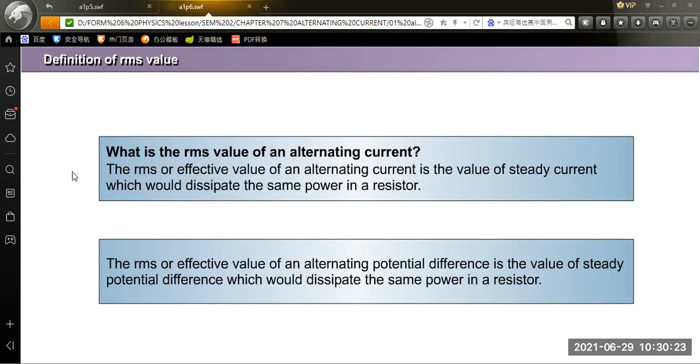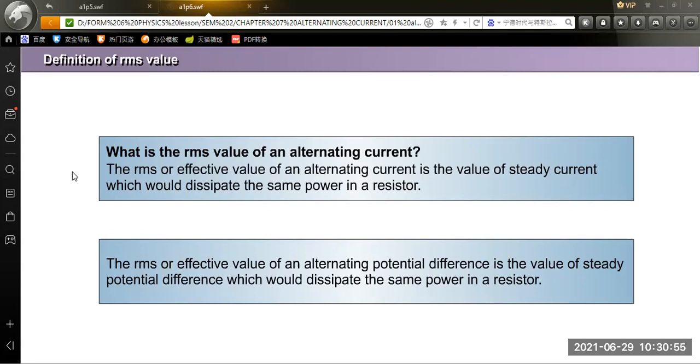The RMS value for alternating current, root mean square for the current, is the current which is effective. Alternating current is not a stable current. Let's say if I use a battery of 5 volt, the effective voltage will be 5 volt for the direct current.